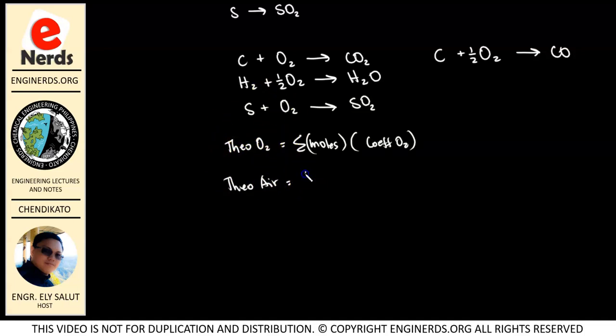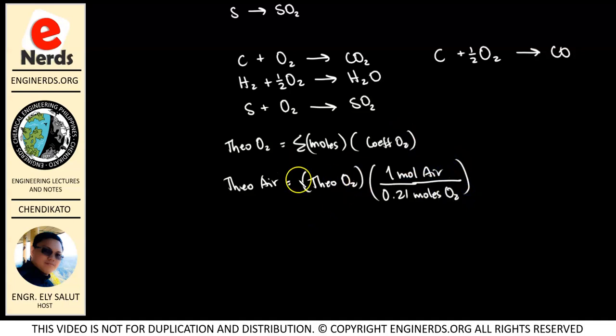So, kung alam na natin yung theoretical O2, imumultiply lang natin yan sa fraction ng oxygen sa ating air. We know that we have 0.21 moles of O2 in 1 mole of air.